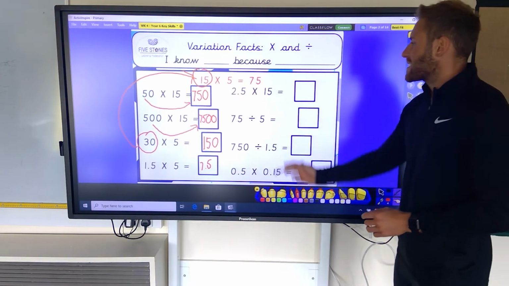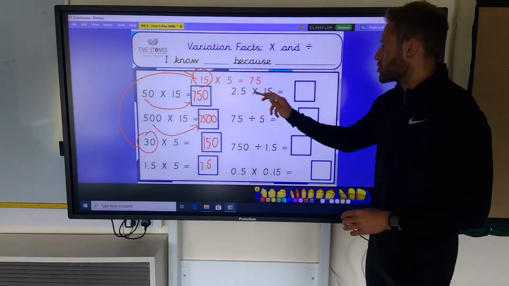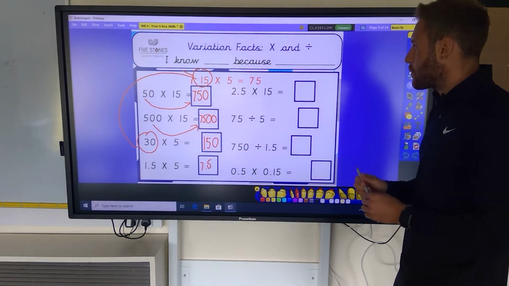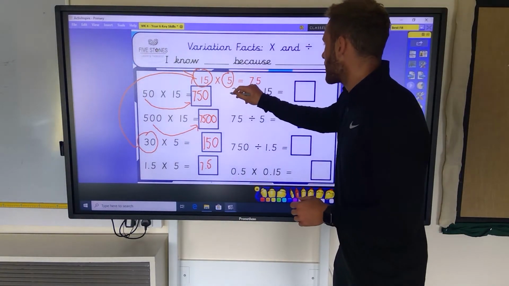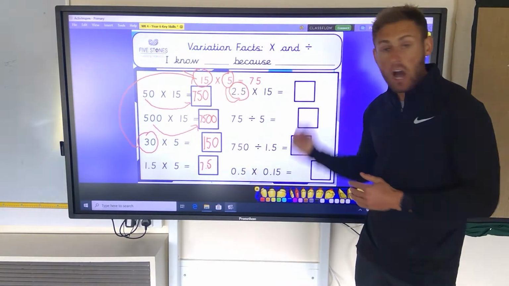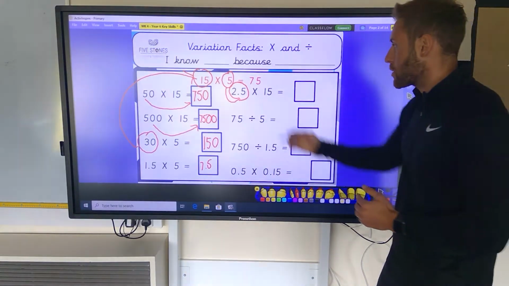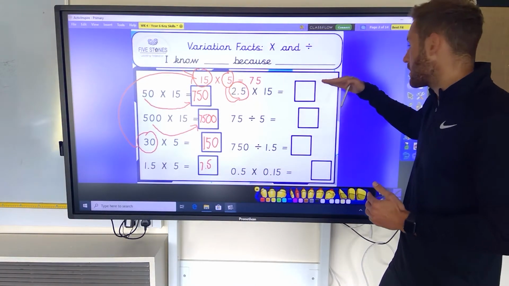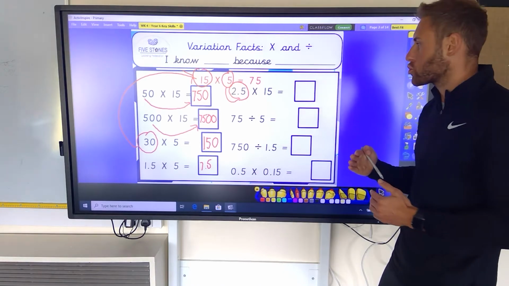Now, as we move to this side, we are going to be looking at 2.5 times 15. What connections can we see? Well, we can see a connection between 5 and 2.5, hopefully, and it's half that value. So because part of this calculation is being halved, this part of the calculation must also be halved.